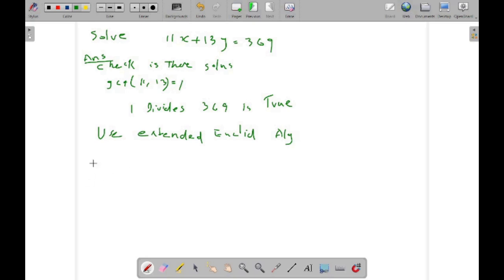The GCD of 11 and 13, where A is equal to 11 and B is equal to 13.